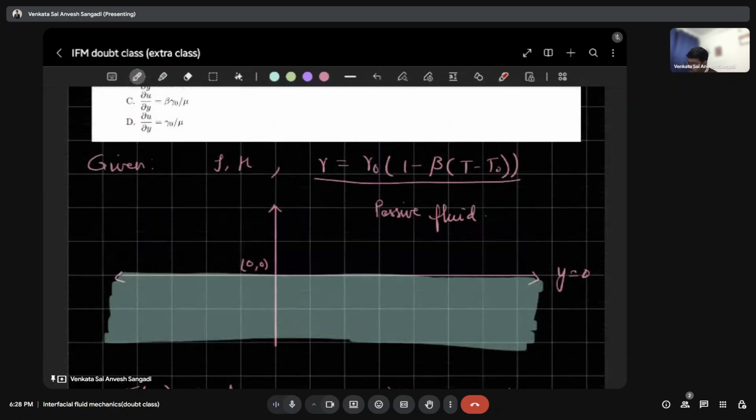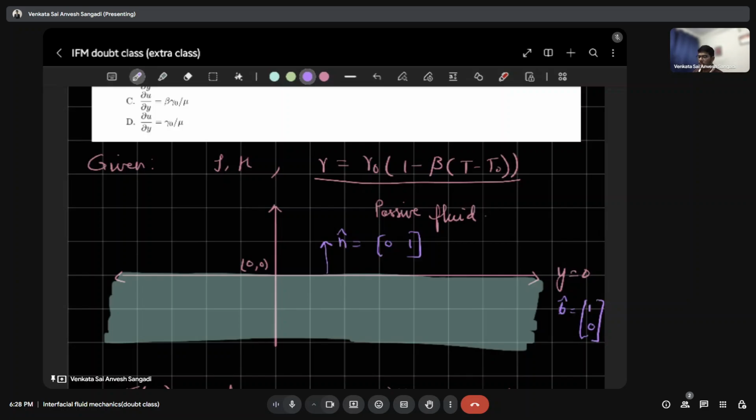Another important detail is that the normal n hat can be written as 0 comma 1, as it's in the positive y direction, and the tangent t hat can be written as 1 comma 0, which is in the x direction.